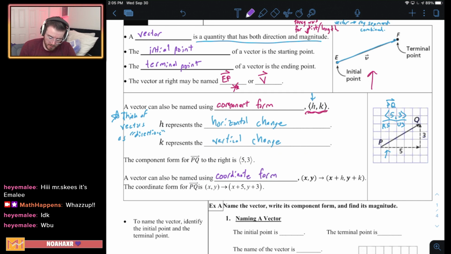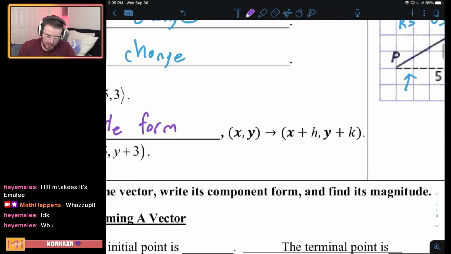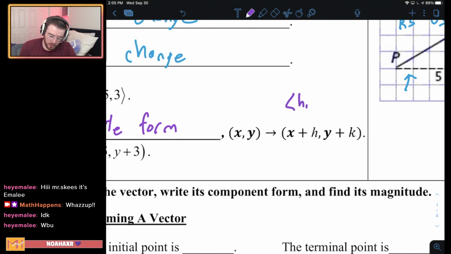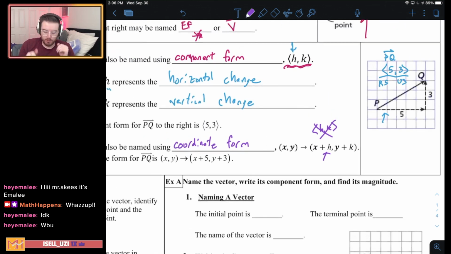Similarly, instead of a super shorthand H, K, we're saying add H to move it to the right, or subtract H to move it to the left, right? If you add, you're going to move to the right. If you subtract, you're going to move to the left. And that Y value, if you add, you're going to move up. If you subtract, you're going to move down. So it's just another way of thinking about it.